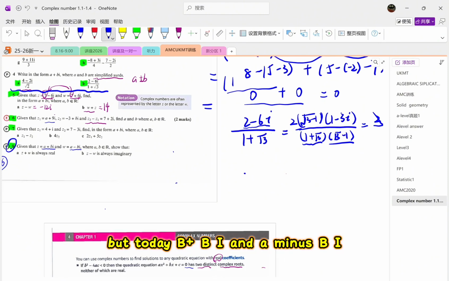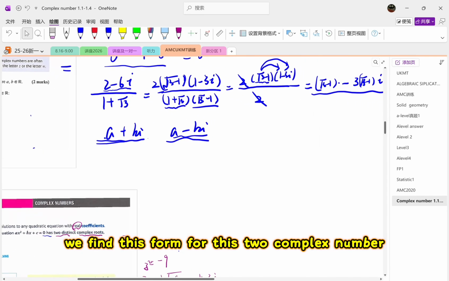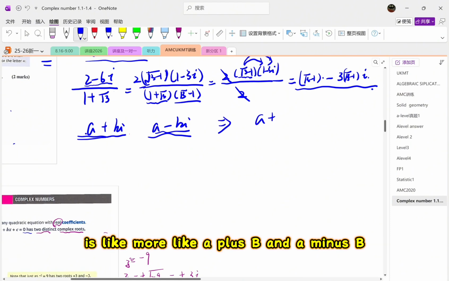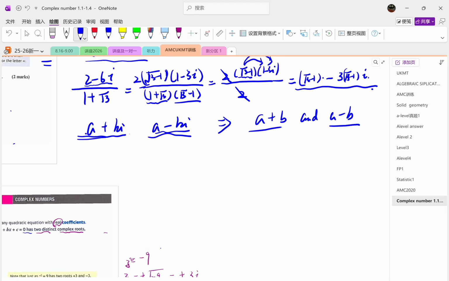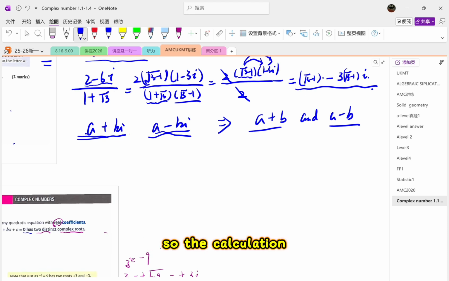But today, a plus bi and a minus bi. We find the form of these two complex numbers is more like a plus b and a minus b. The relationship between them is conjugation. So the calculations are similar to each other.